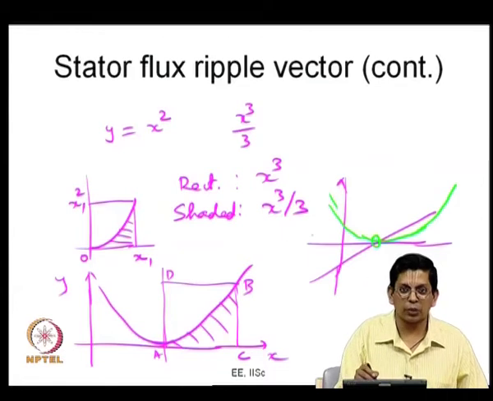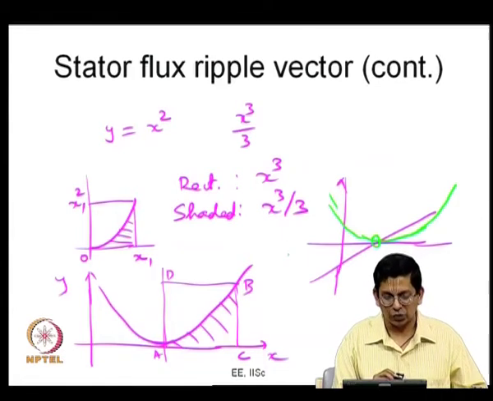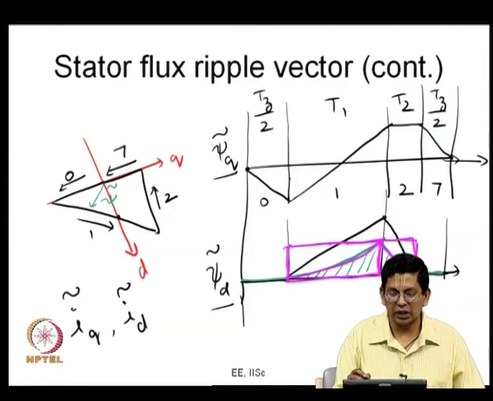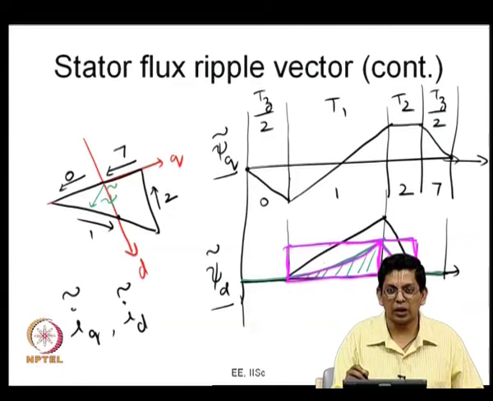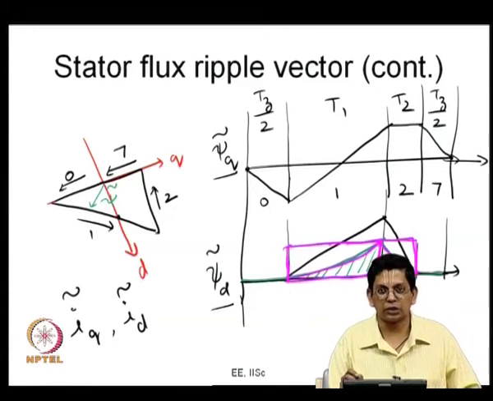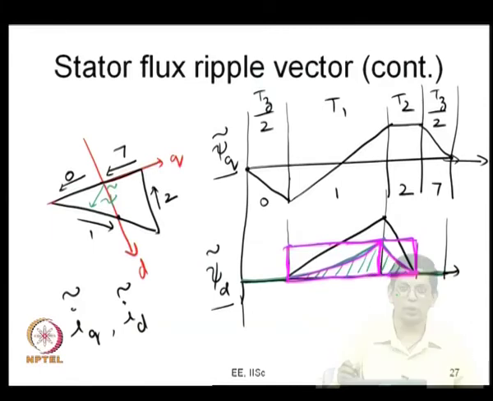For those kinds of parabolas you can calculate the area like this, and it is possible to do the calculations over a subcycle and compute the RMS value over a subcycle. We will do this kind of exercise in greater detail in the next class.